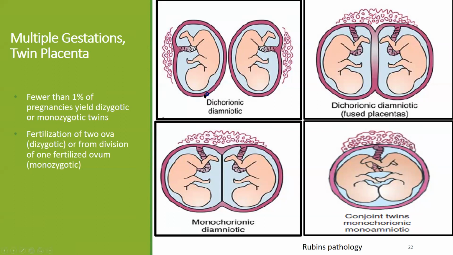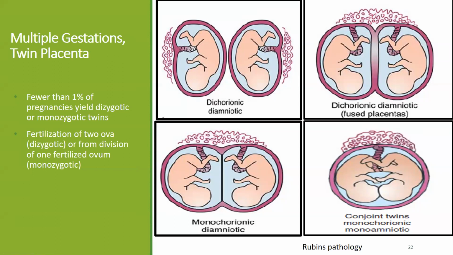It's very important, you know. If we have two ova, it means two separate, different fetuses. If monozygotic means one ova, it's being divided into two fetuses or into two pregnancies. It's identical twins. So it's really important.